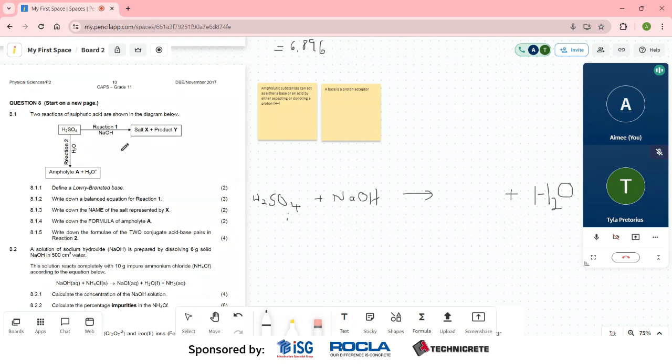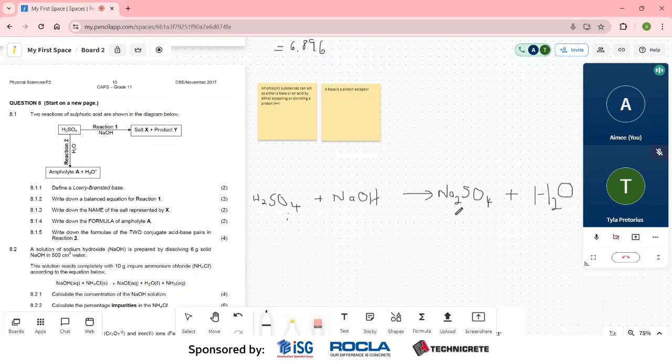Okay, and our salt will have to be, you see, one of these H's bonds to form H2O with this, which means our salt is going to be NaSO4. But the charge on SO4 is 2 minus, and the charge on Na is +1. And remember, the charges swap. So the positive 1 charge goes to here, and this becomes SO4, just 1. But the 2 minus charge on the SO4 goes to the bottom here and makes this Na2SO4.